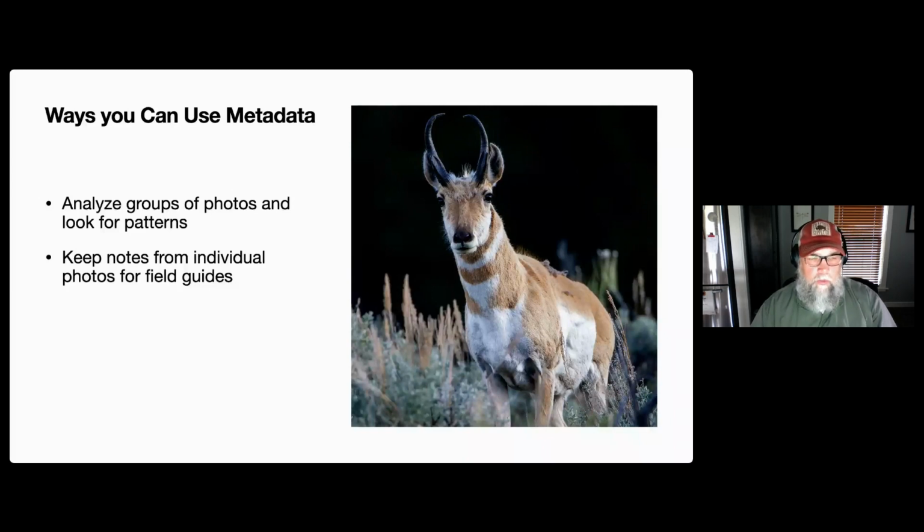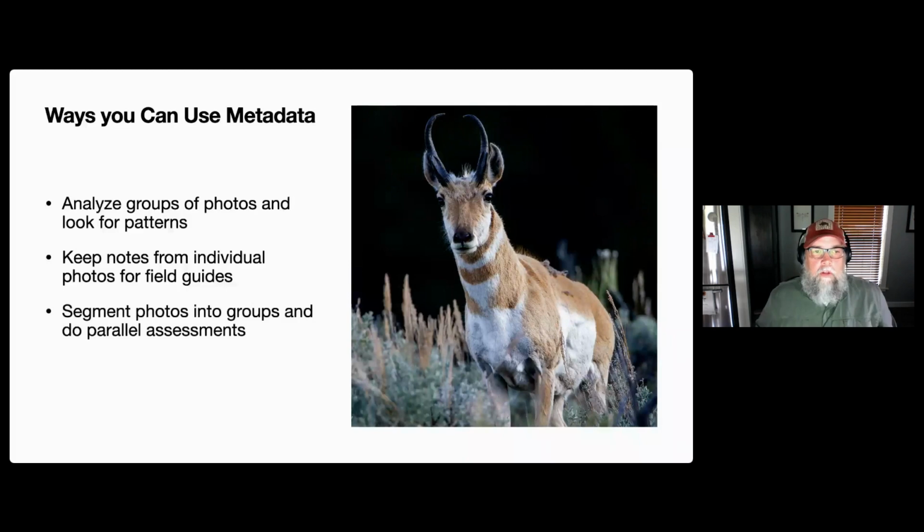So it's a good way to uncover what's been successful for you and what has been less than successful for you. And then you can also segment photos into groups and do parallel assessments. Like I talked about turkey earlier, I can analyze the data by looking at the turkey pictures, the time of year I took them, and the time of day I took them, and see if there's a pattern based on when's the best chance I'm going to take pictures of turkeys.